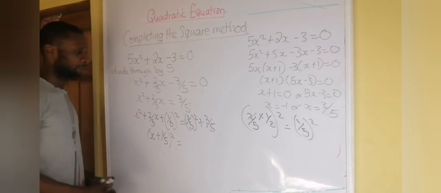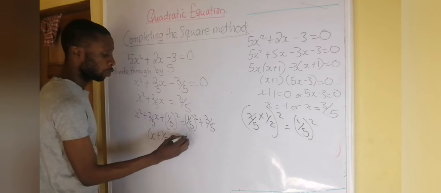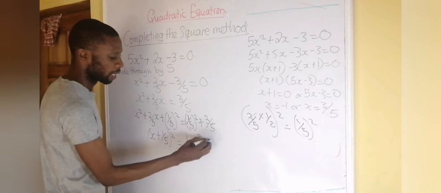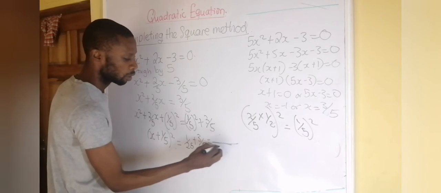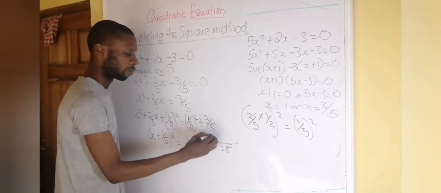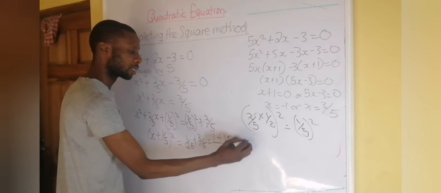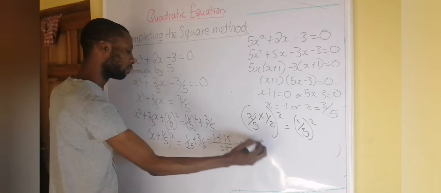So then you have 1 over 25 plus 3 over 5. So the LCM is what? 25. You have 1 plus 5 going 25, 5 times 3, 15. That's 16 over 25.